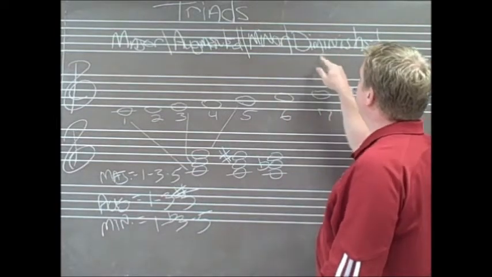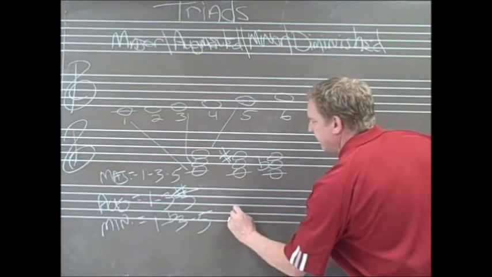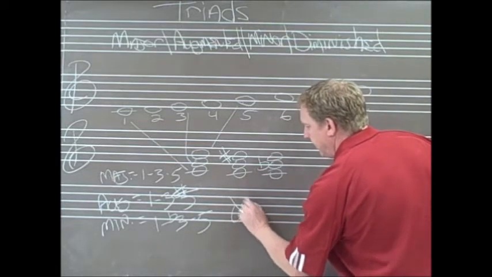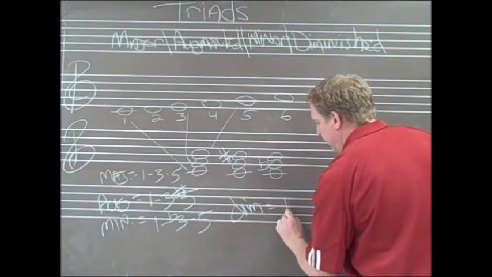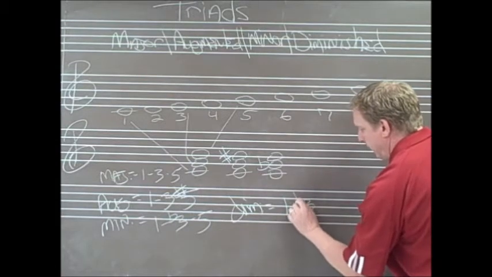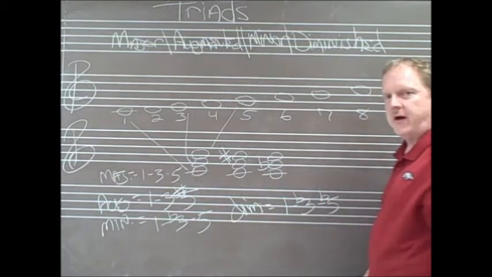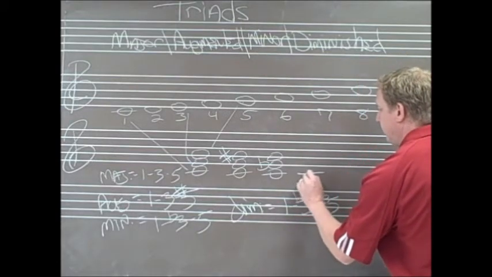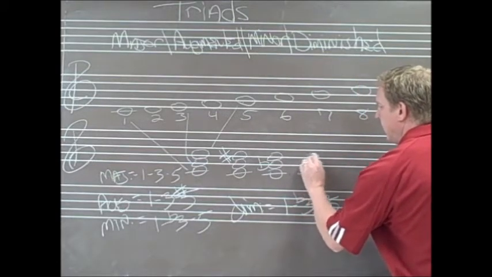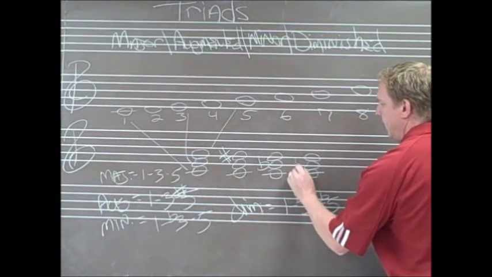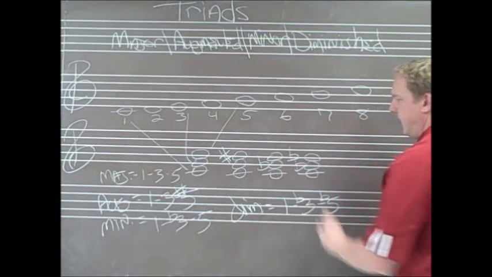And the last triad, diminished. The number formula is almost like minor, 1, flat 3, 5, but you flat the 3 and the 5 to get diminished. So in this case, C, E flat, G flat.